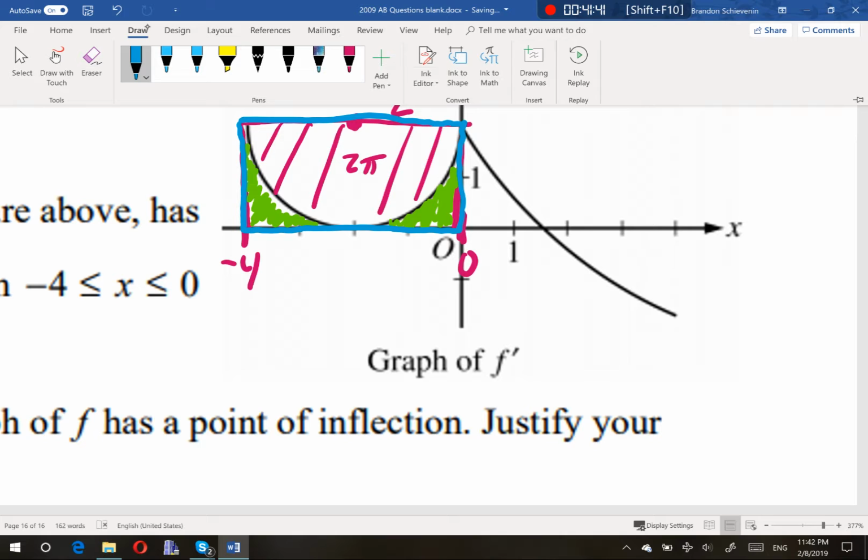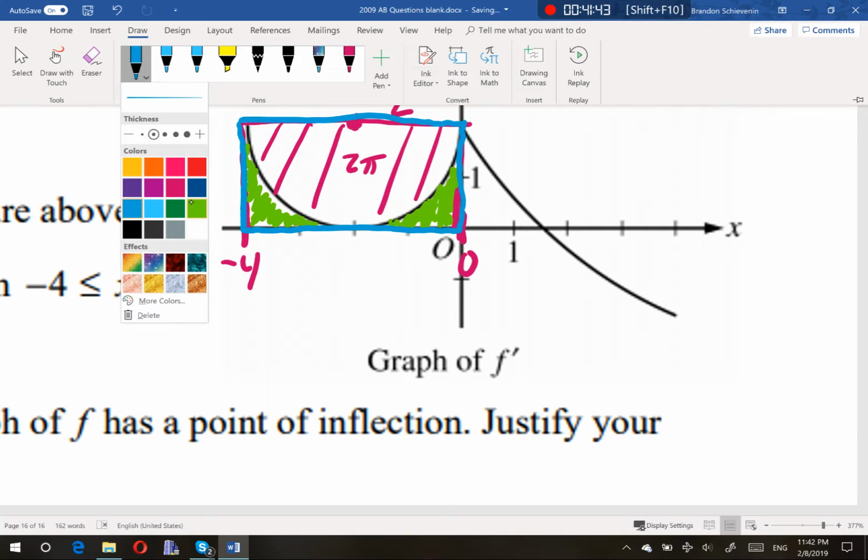What's my area of this box? What's the area of the blue box?